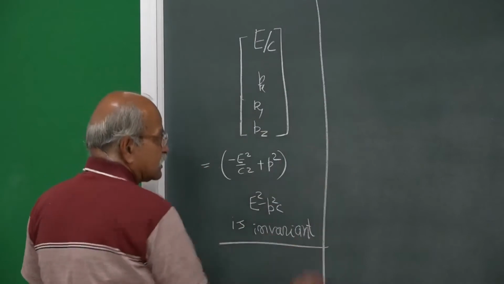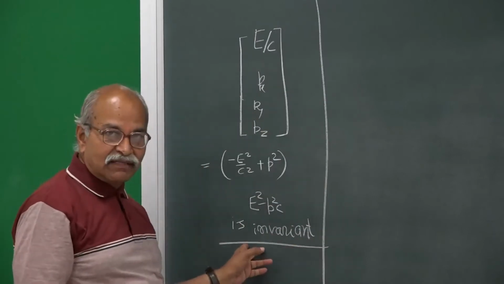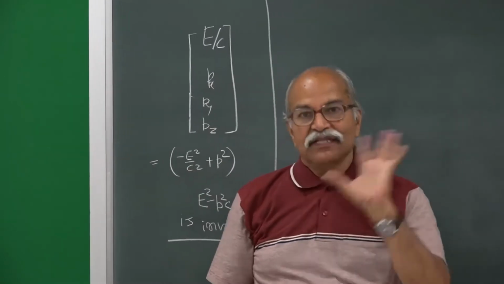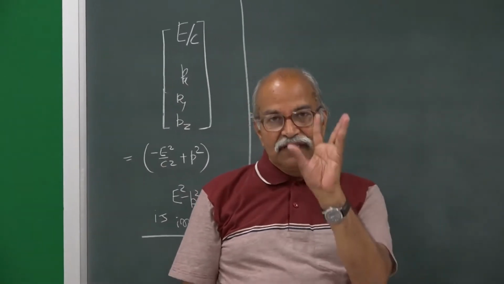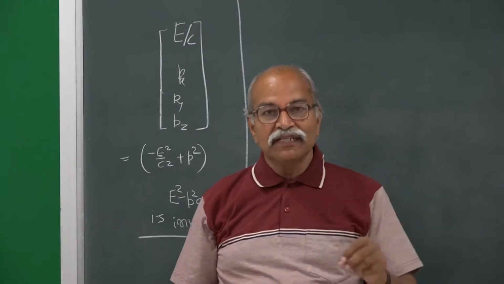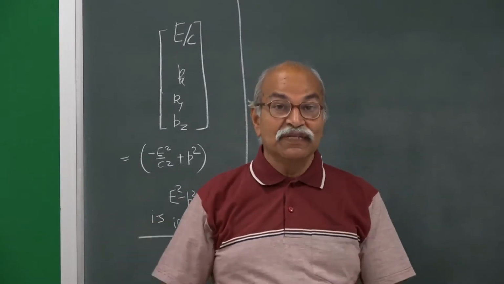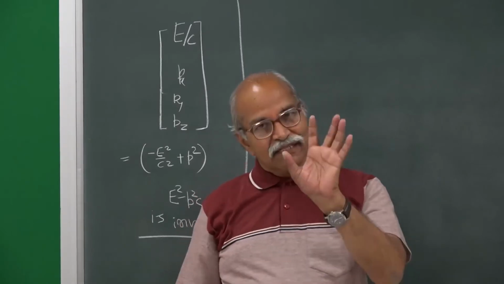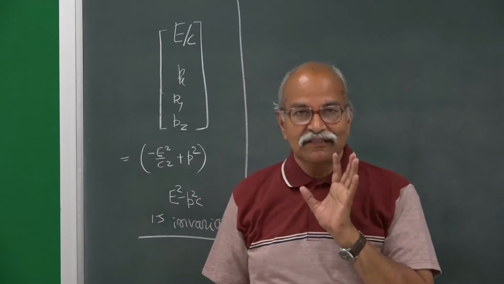Now, we can check this for a single particle. A single particle means the inner structure does not change. If the inner structure does not change, if there are subparticles, if there are parts, and the movement of those parts or the interaction of those parts does not change, we can treat it as a single particle.